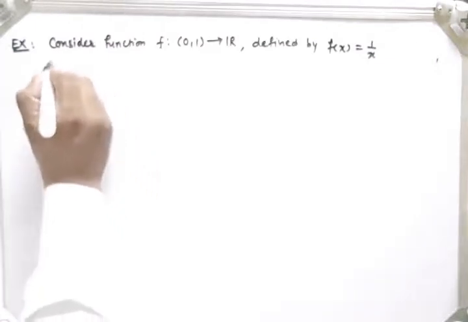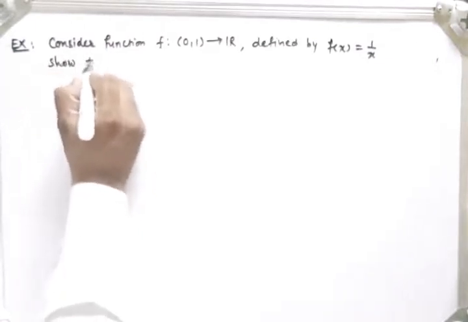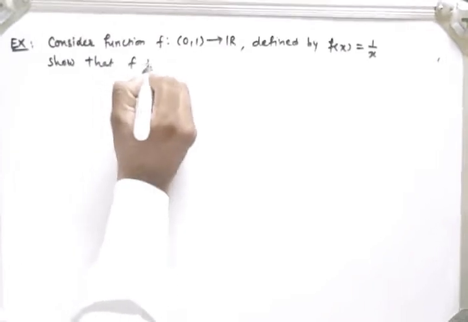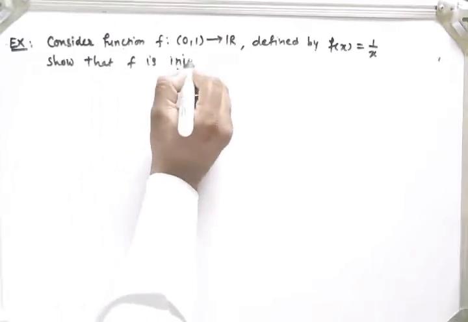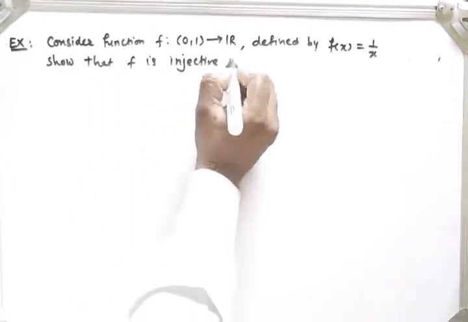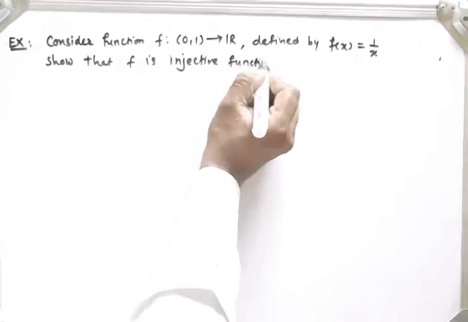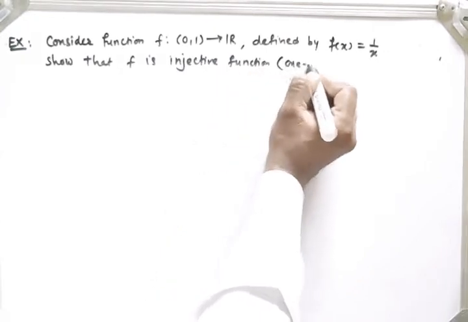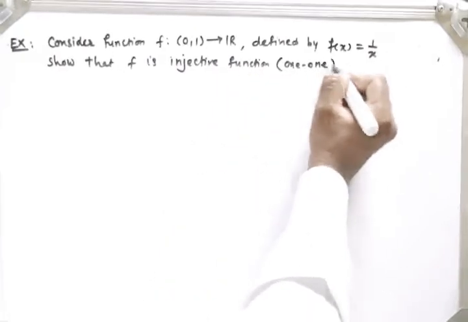Then show that f is an injective function. So what is meant by injective function? Which is 1-1 function. Injective, or I can say 1-1 function.